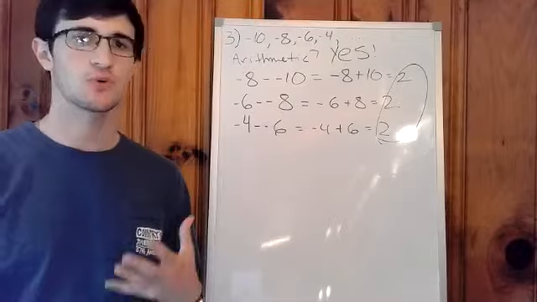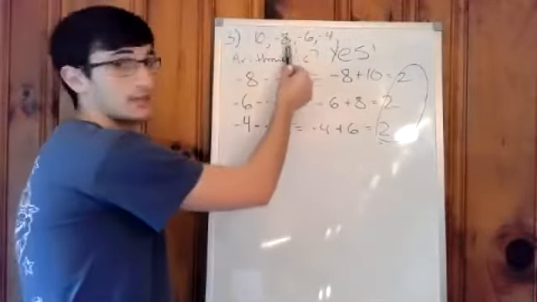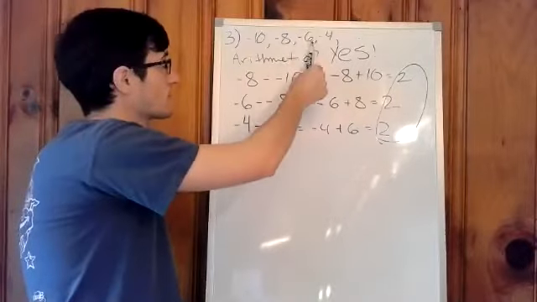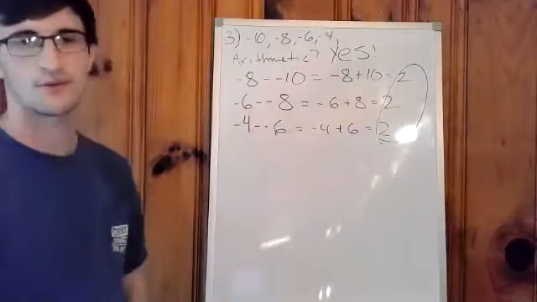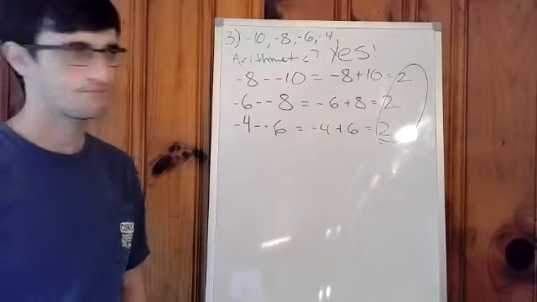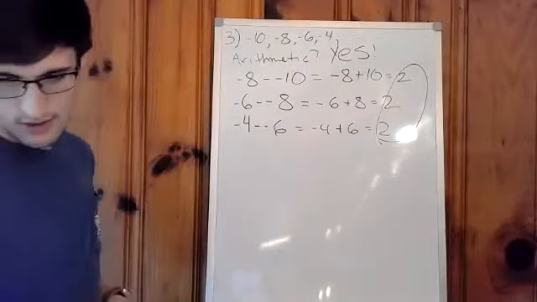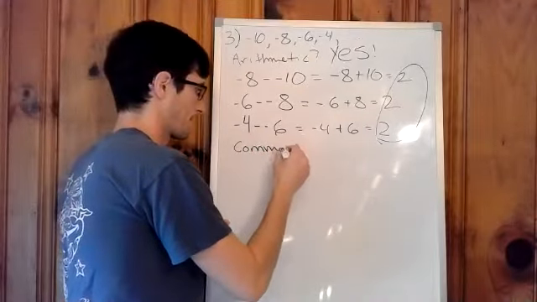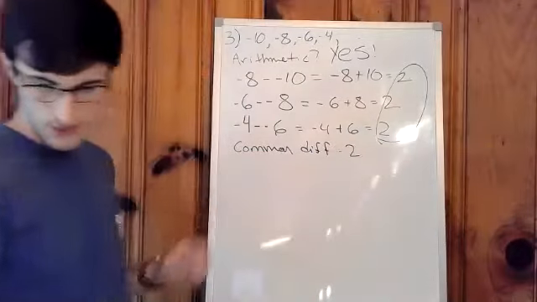But again, what you want to do is take the second term and subtract the first term. Take the third term, subtract the second term. Fourth term, third term, and so on. You can only do it for the ones that you have in the list. And all of those numbers are the same, so that checks out. All right, my common difference is 2.